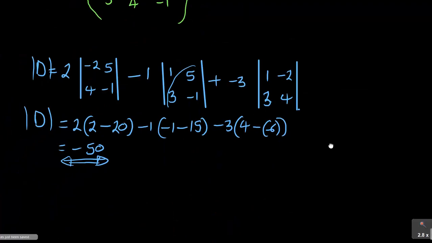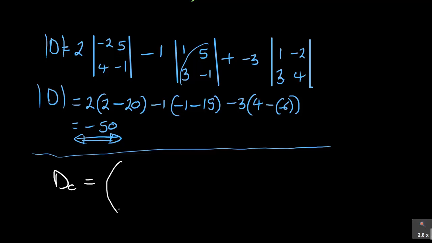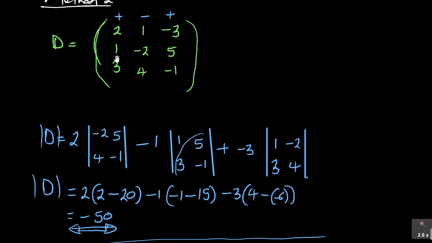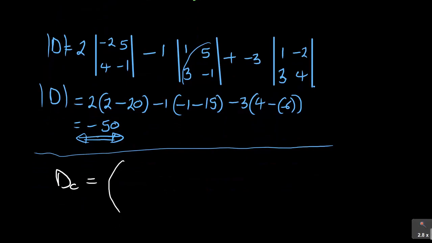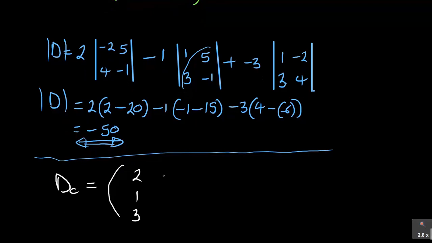I do the same thing now to find the D of C. Now when I'm going to find the D of C, remember the matrix for D of C, I start with 2 1 3, also 2 1 3, and then I have 1 minus 2 4, 1 minus 2 4.